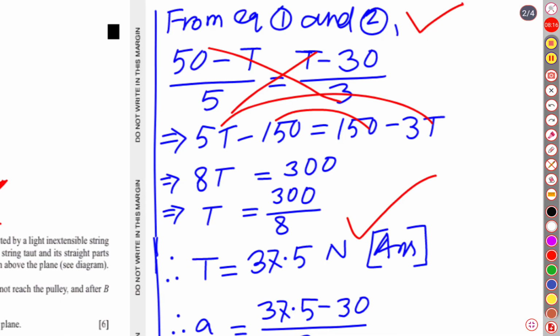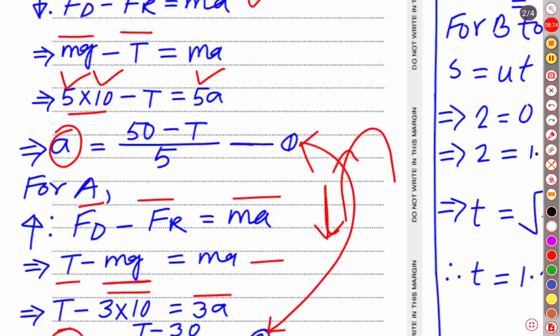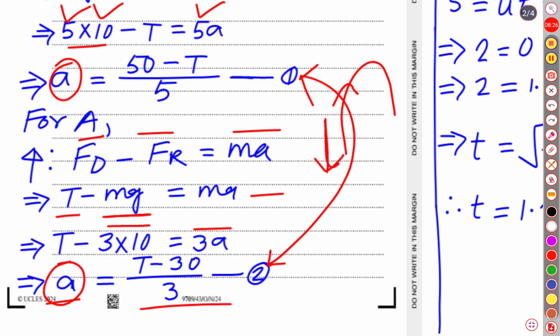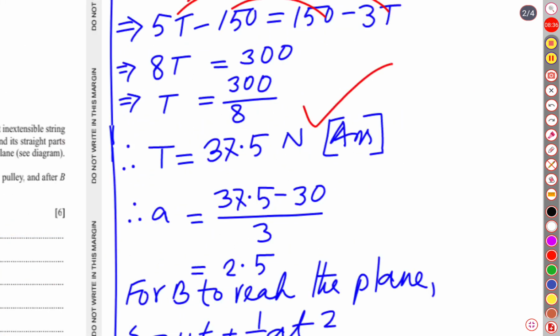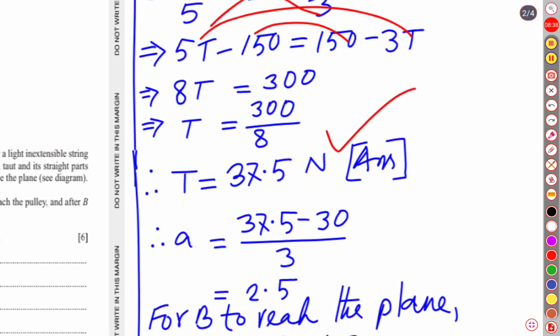So we have got one of the answers. Then for acceleration, our acceleration was given by the equation in both cases. Acceleration is equal to (T minus 30) over 3. We'll just substitute the value of T. It's T minus 30, sorry.